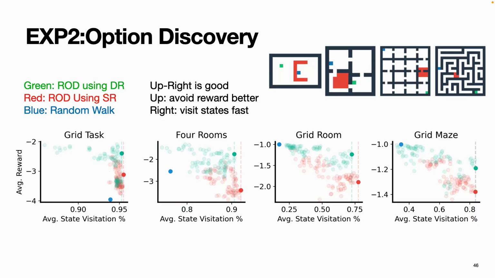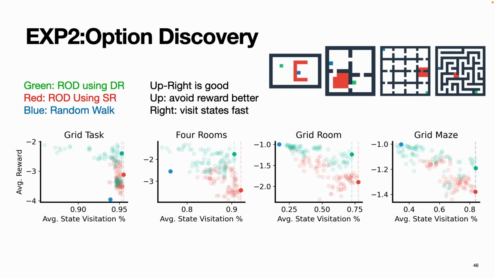And then in these plots, up and right, so the top right corner is better. This is good because if you're up, you avoid low reward better. Oh, avoid low reward, not avoid reward, sorry, for the typo. But if you're to the right, you visit states faster.